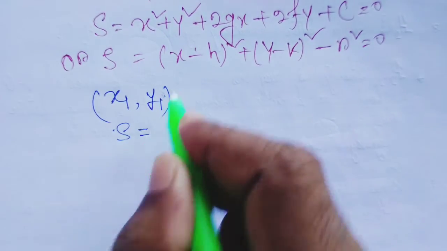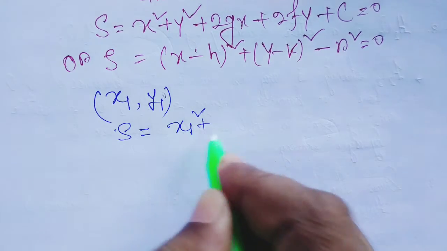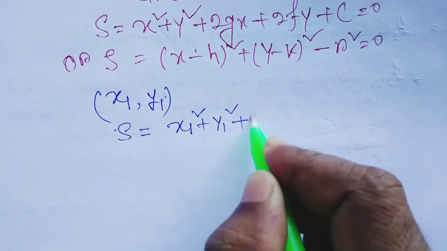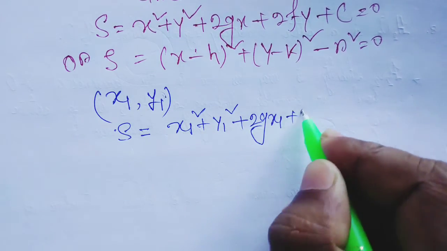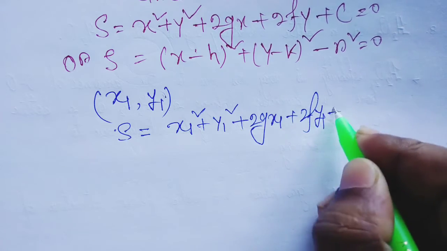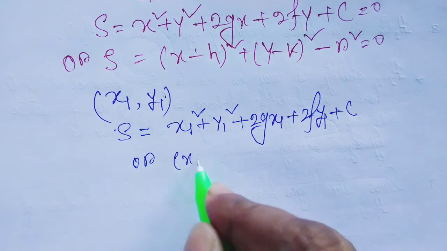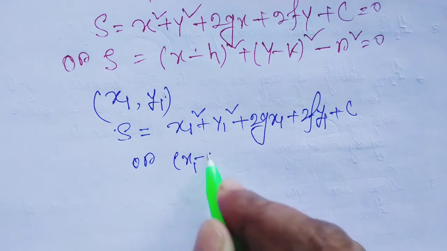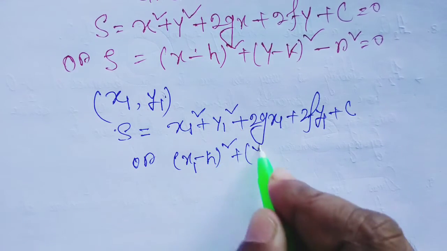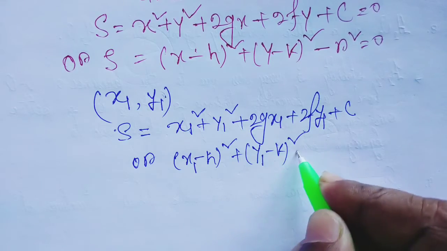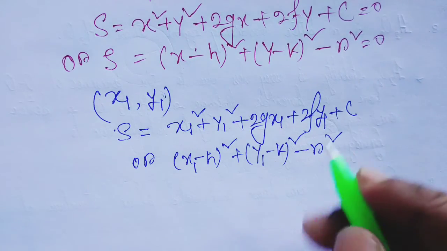We will get S1 equal to x1 square plus y1 square plus 2gx1 plus 2fy1 plus c, or (x1 minus h) whole square plus (y1 minus k) whole square minus r square.